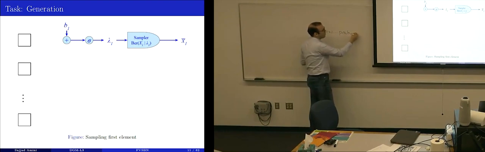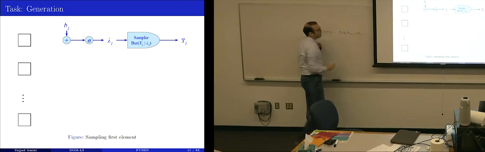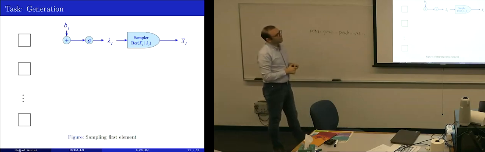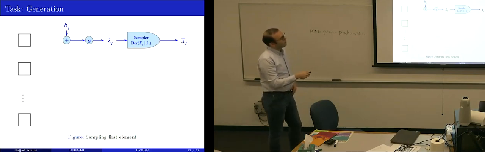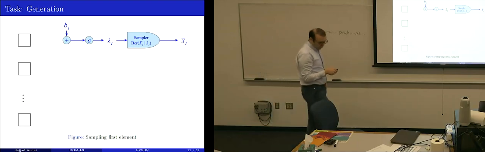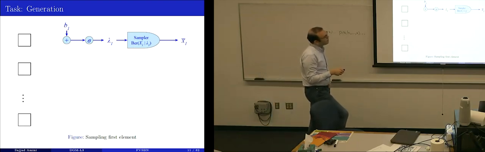So I use the same procedure to generate samples. What do I do? I have the model, so I have access to this V1. It is summed with nothing because it's the first element, and then it goes through a sigmoid function. It generates a lambda 1. This lambda 1 is the parameter for this distribution.